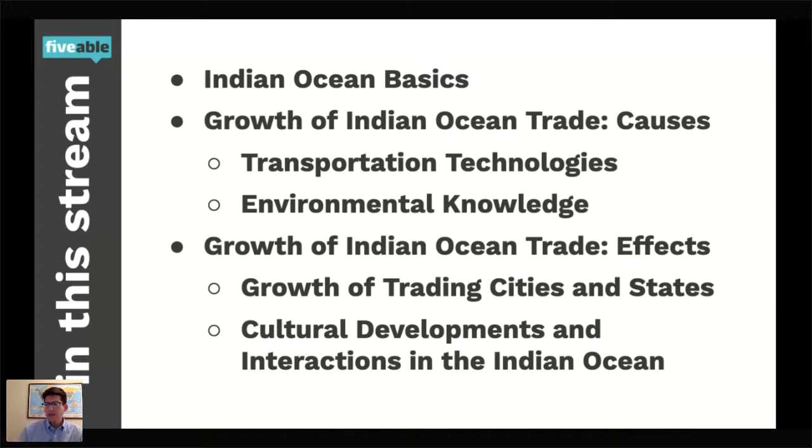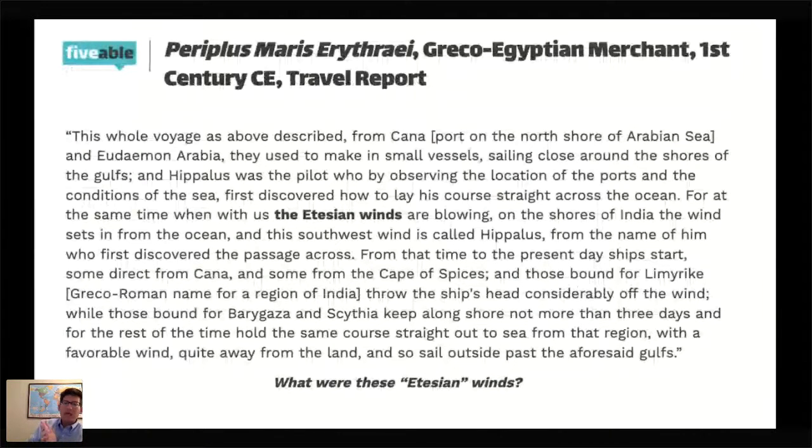at the Indian Ocean. The first thing we're going to start with, though, is a little source. And I say little, but I want to take a look at this source that was shared with me by Mr. Beckman, of course.